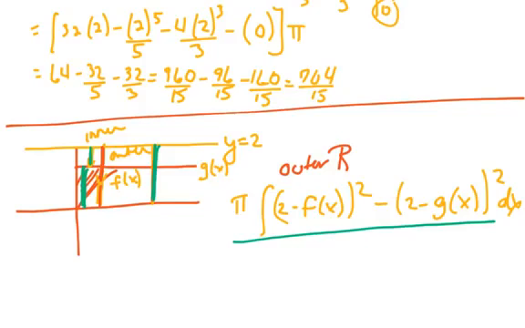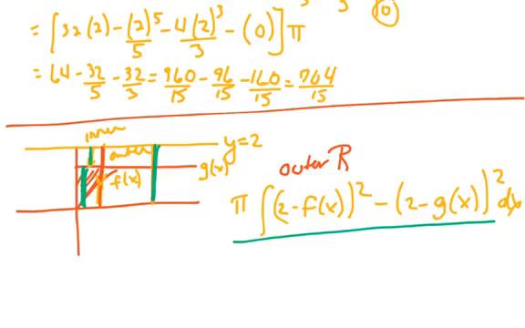So the bottom line here is that, depending upon the problem you're given, you will have to sit down and figure out what the radii of the outer and inner circles are and how they change based on the shift.